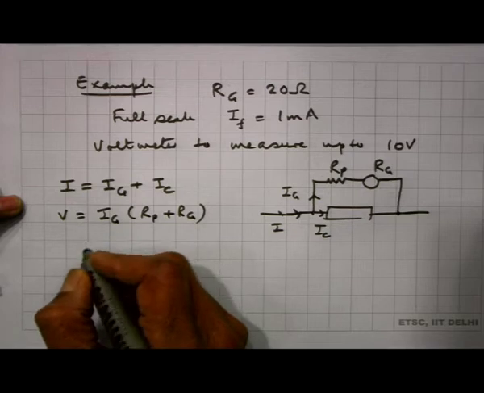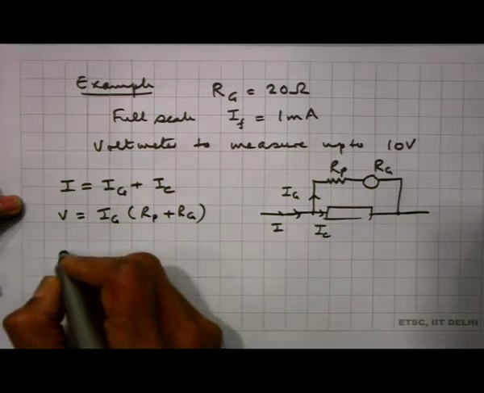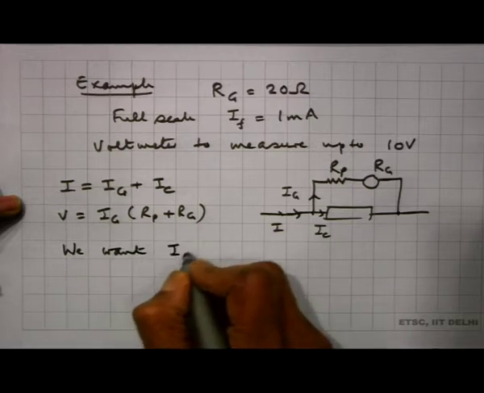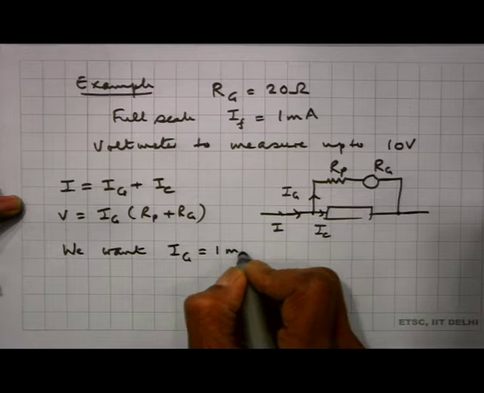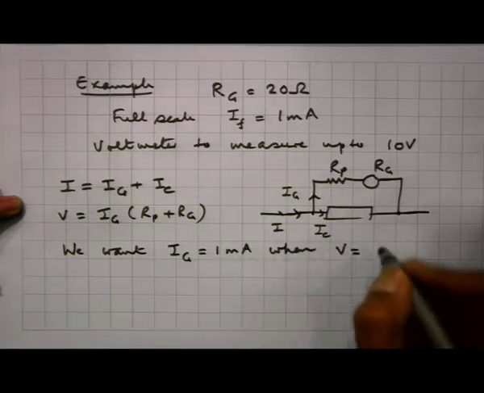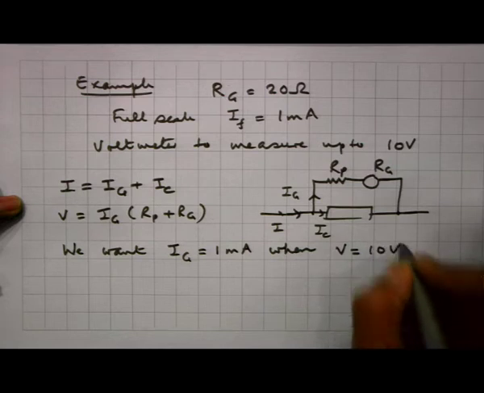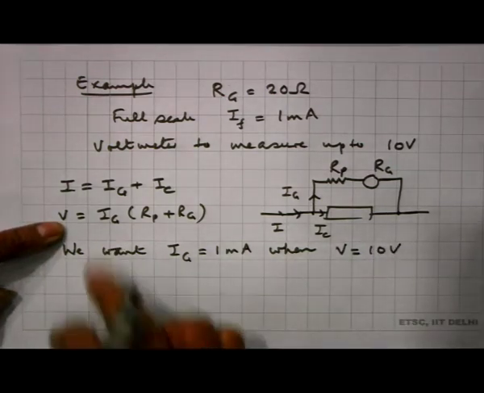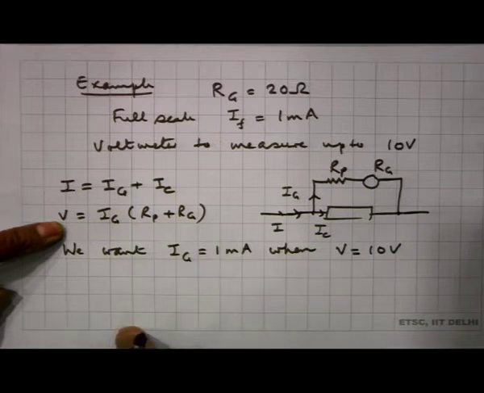Okay. So, let me simplify this. We want Ig to be 1 milliampere when V is equal to 10 volts. When V is equal to 10 volts, I want Ig to be 1 milliampere.